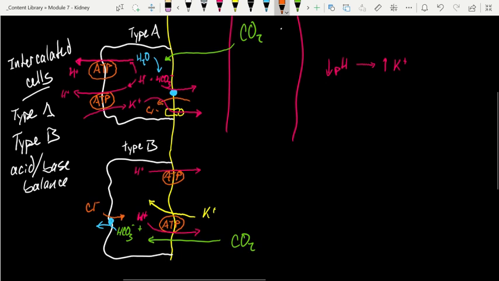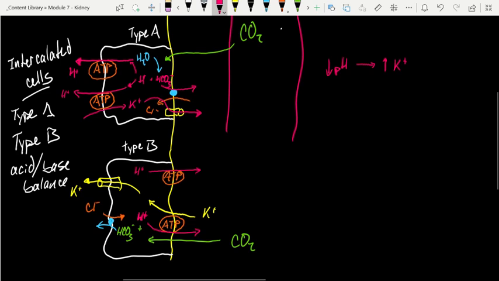Recognize what we're doing. In this cell, we're getting rid of the bicarb because the bicarb is the buffer that creates a basic environment. So as we pump bicarb into the filtrate, we're recovering H+. It is important to recognize that we also have this leak channel for potassium, but now it's on the luminal surface. So in basic conditions, I need to decrease bicarb and increase H+, and we can see how that happens.